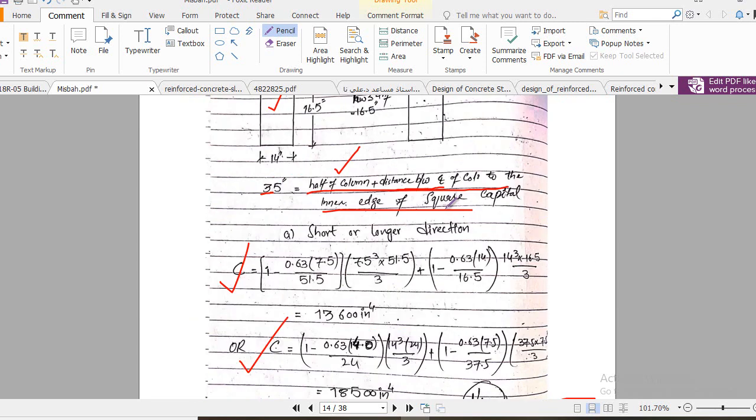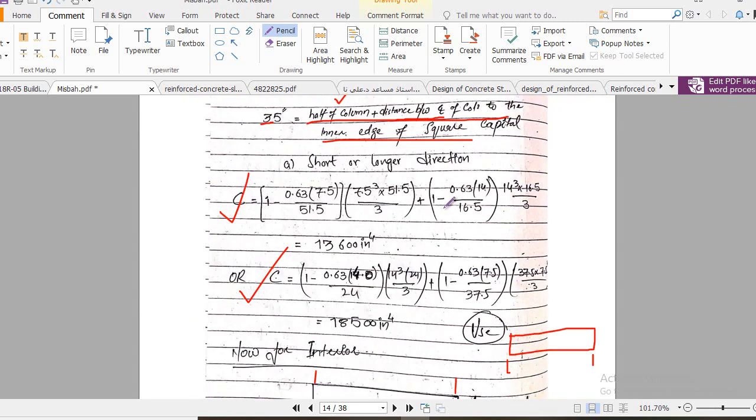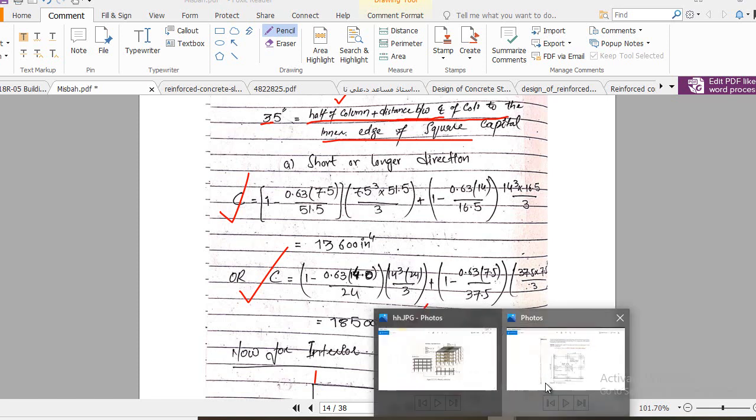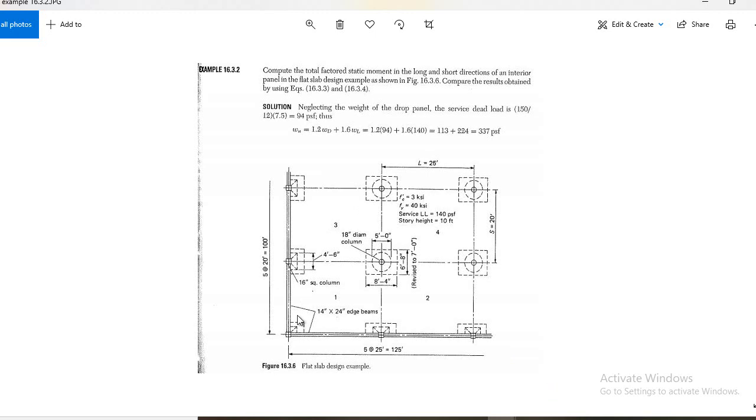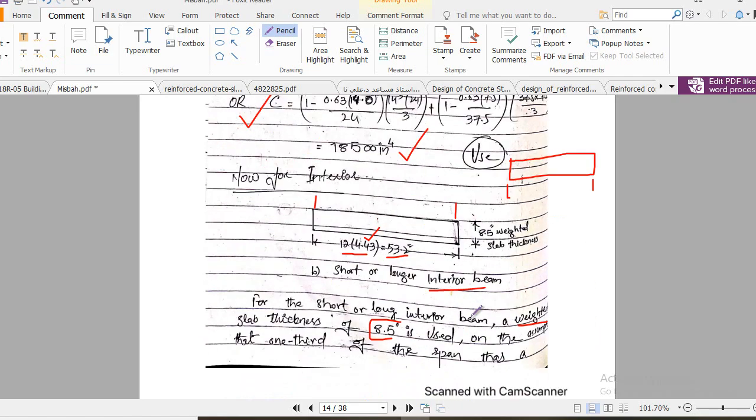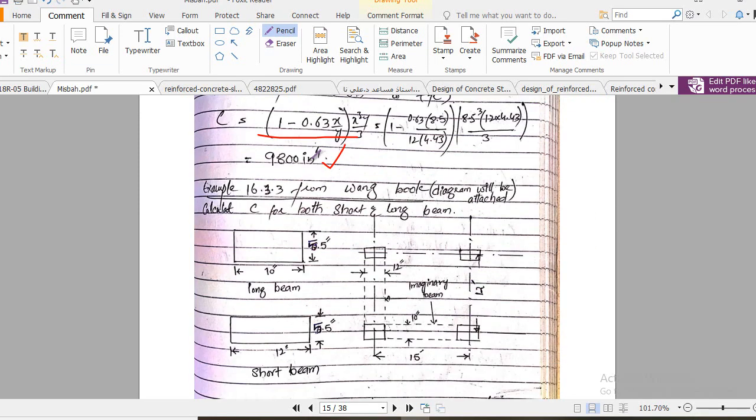So you see the difference. Here we have C, but this C is for this edge line. Remember, for this edge beam the C value will be that one, but for the center span the C value for this transverse section will be that one. So this is the difference. Clear?